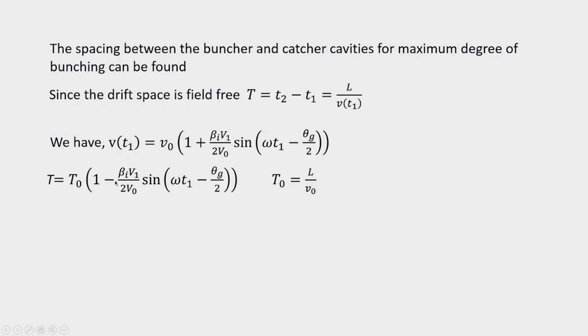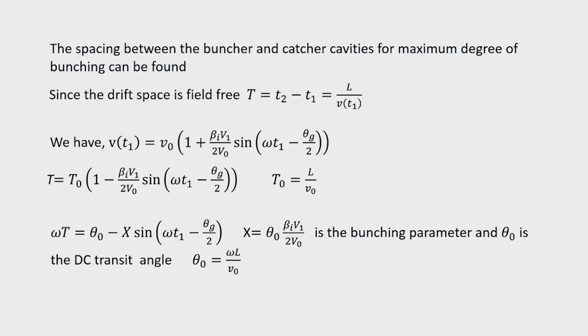Please note that this minus sign comes from the fact that beta I V1 by 2 V naught is very small compared to 1, and therefore 1 plus beta I V1 by 2 V naught sin omega t1 minus theta g by 2 raised to the power minus 1 can be approximated by this expression.